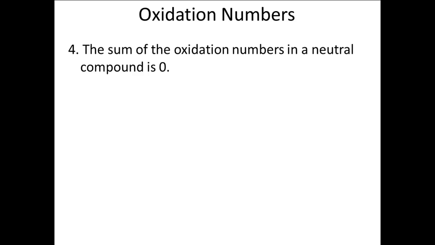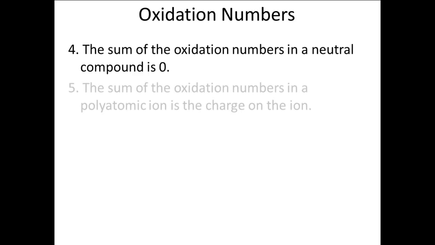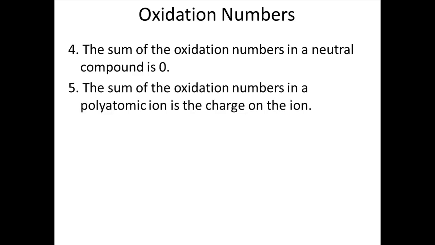Rule 4, the sum of the oxidation numbers in a neutral compound is 0, and Rule 5, the sum of the oxidation numbers in a polyatomic ion is the charge on the ion, could be combined into a single statement that the sum of all the oxidation numbers of all atoms in a species must add up to the charge of the species.